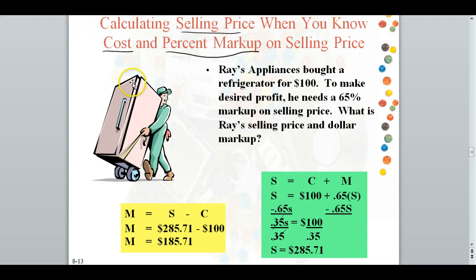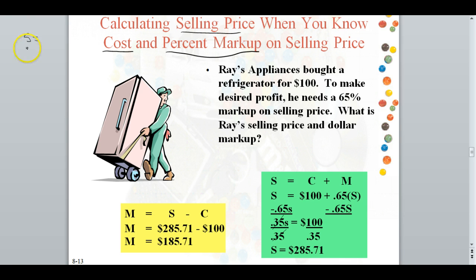Calculating the selling price when you know the cost and percent markup on selling price. So Ray Appliances, again, he bought them for $100. To make a desired profit, he needs 65% markup on the selling price, not on the cost this time. So what is Ray's selling price and the dollar markup? So I kind of like to write it out.